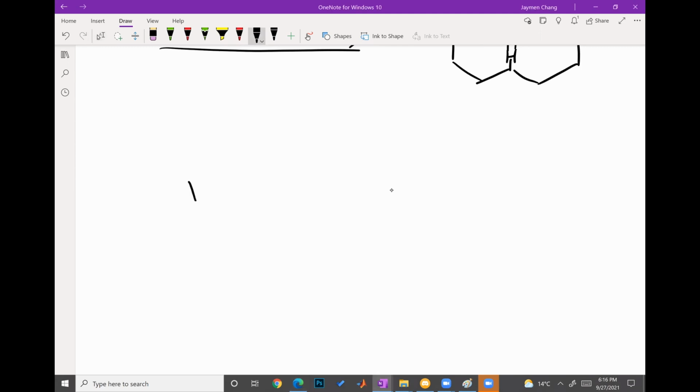So what we're going to do is we're going to draw an amino acid. One second here. And a dominant form basically means how the amino acid is going to look at a given pH.